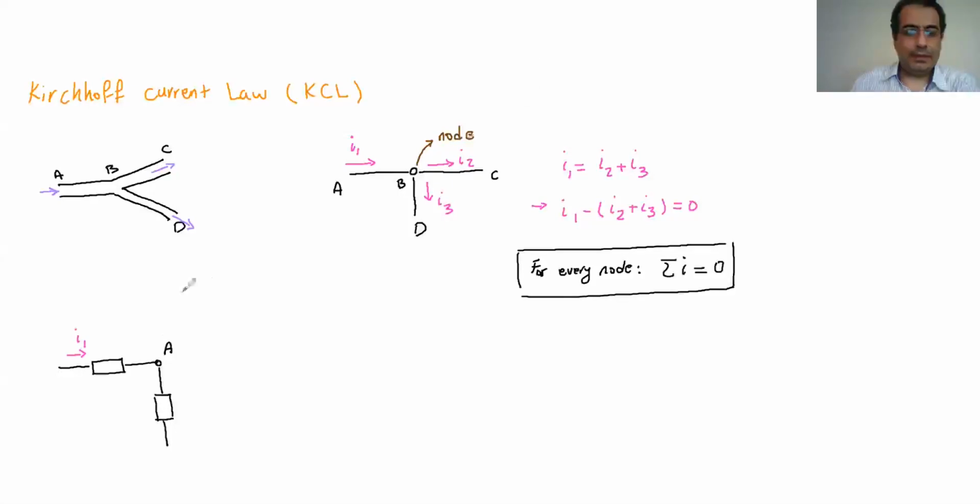So I would have exactly the same I1 in that horizontal wire or element here as well, because whatever enters the node A should leave that node as well.